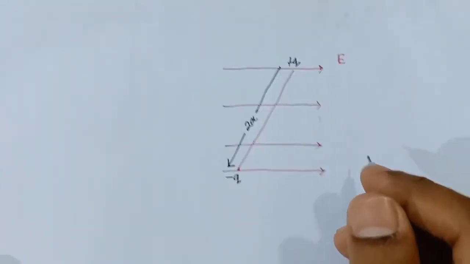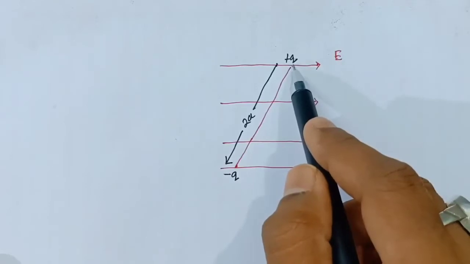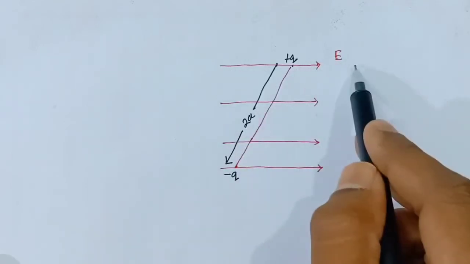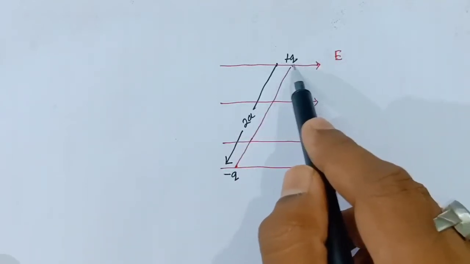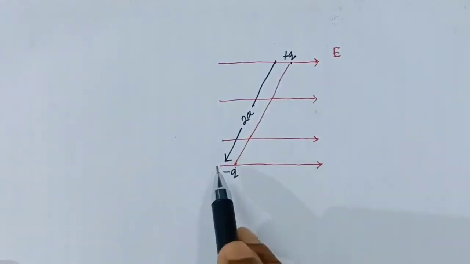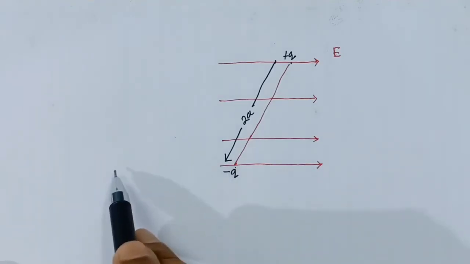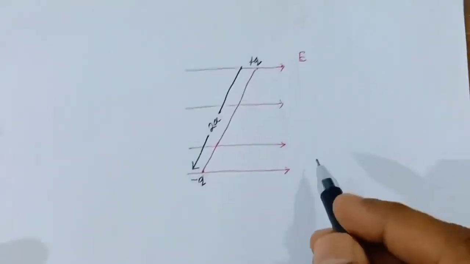So what will happen? This is the positive charge, and the electric field is in this direction, so this charge will experience a force in this direction. This is the negative charge and the field is in this direction, so this negative charge will experience a force in this direction. So how will I draw the scenario?